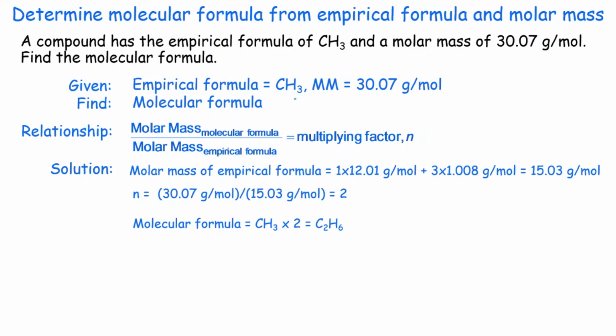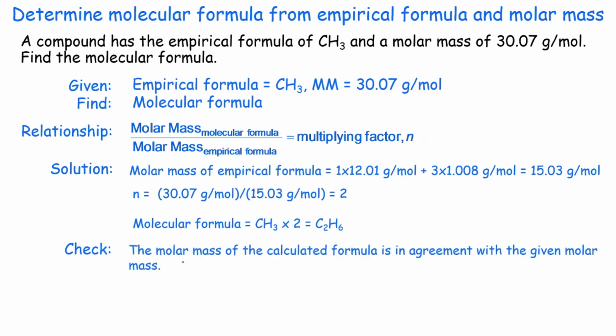We just multiply the subscript in the empirical formula by 2. Carbon has 1, then 1 times 2 equals 2. That's why here is C2. Hydrogen has 3. There are 3 hydrogen atoms in this empirical formula. Multiplied by 2, we have 6. C2H6. That's the molecular formula.